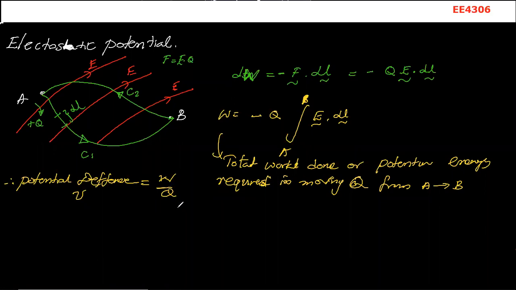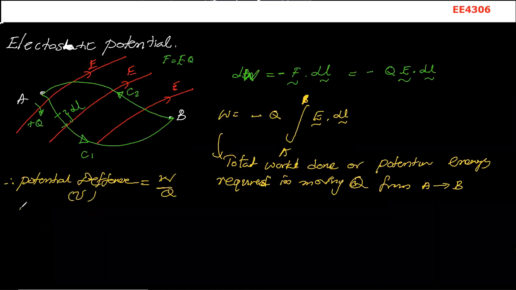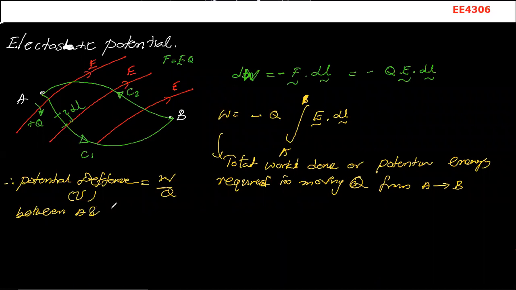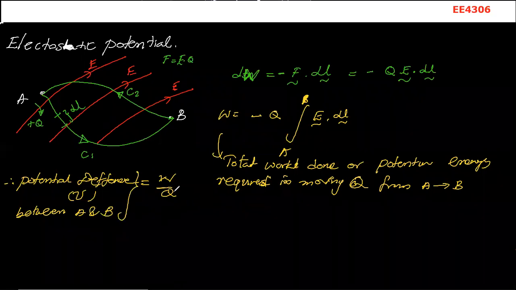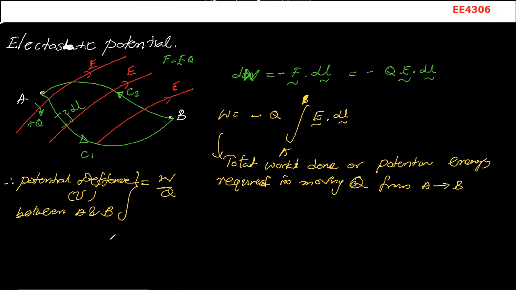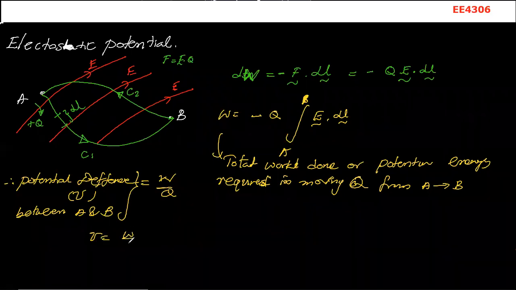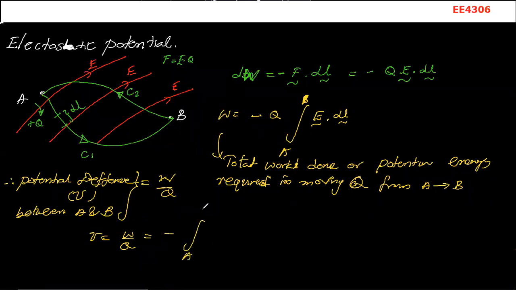It represents the potential difference between A and B. Therefore, you can write down V equal W divided by Q equal minus the integral from A to B of E into dl. So this one represents the potential difference between A and B.